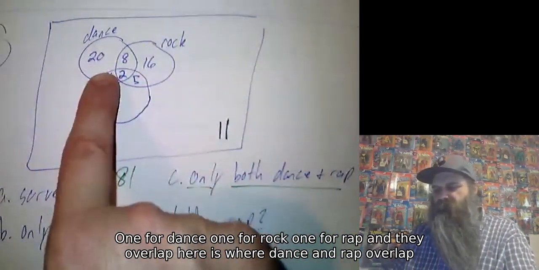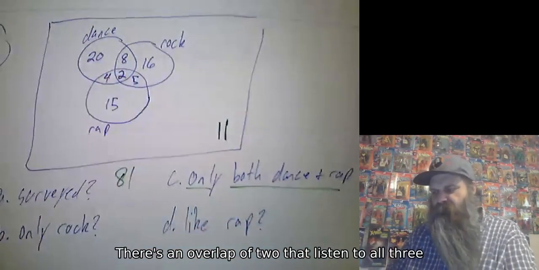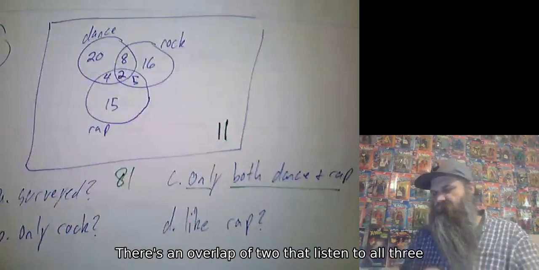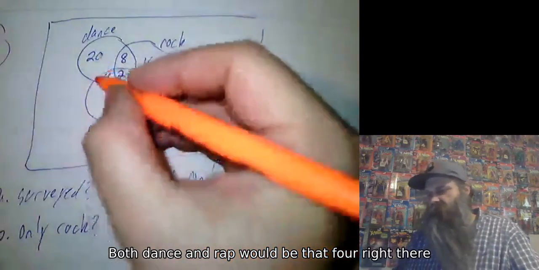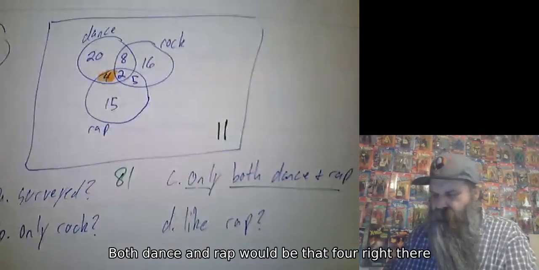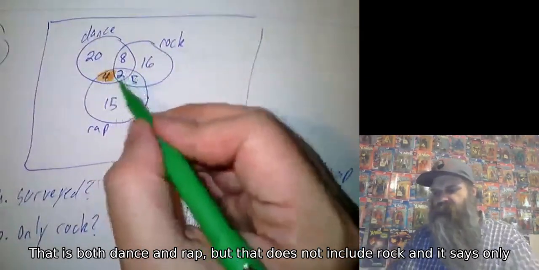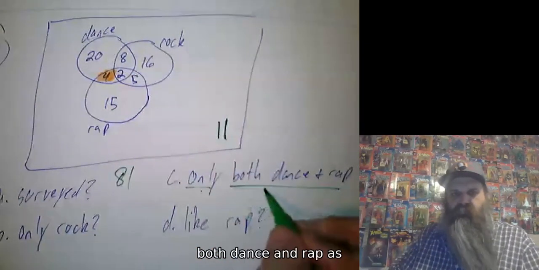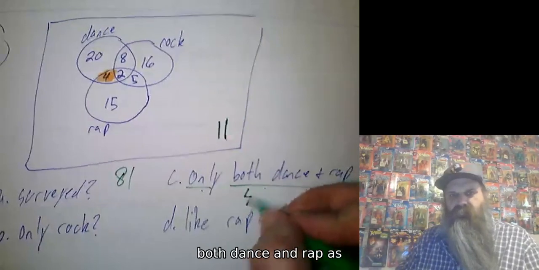Here is where dance and rap overlap, but it also includes an overlap of 2 that listen to all 3. But only both dance and rap would be that 4 right there. That is both dance and rap, but that does not include rock. And it says only both dance and rap.